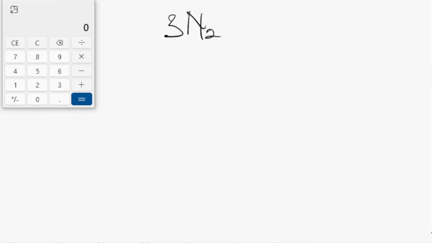So the question says, what is the mass of the sample? So guys, since we have 3 moles of this substance, first of all, we have to know the molar mass of this nitrogen gas before we can solve further. So nitrogen gas is actually 2 times 14.